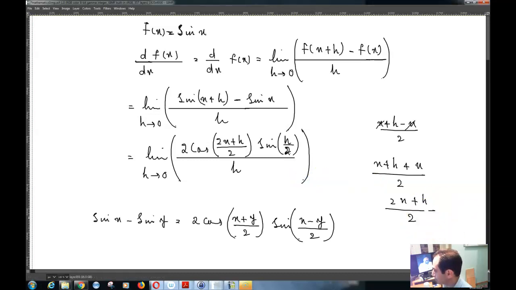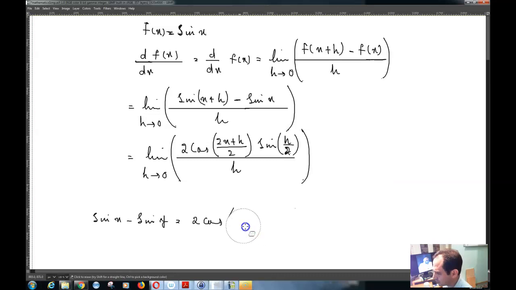And so the next thing that we can do is this is the limit of cos, so I can write this as basically 2 divided by h is 1 over h divided by 2.